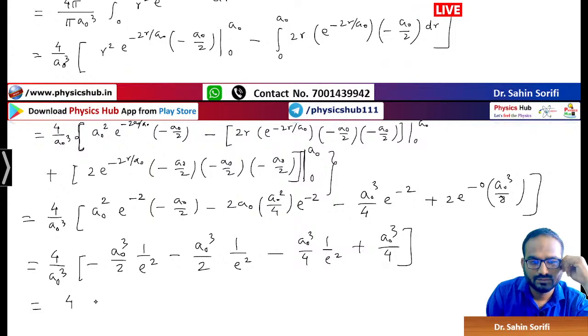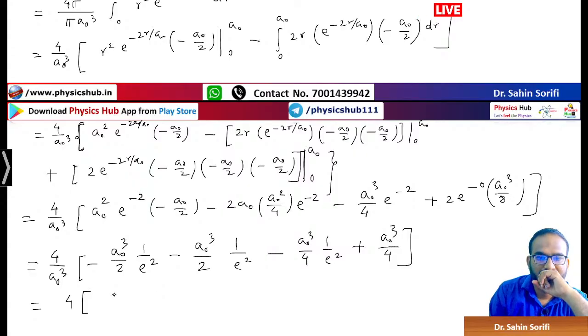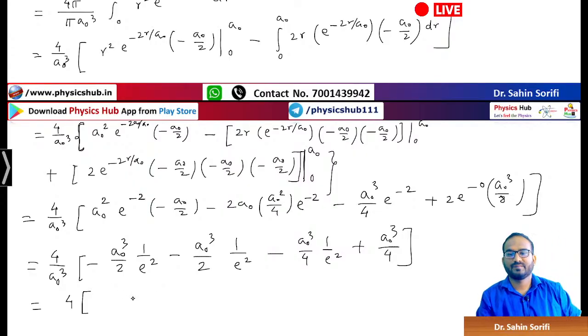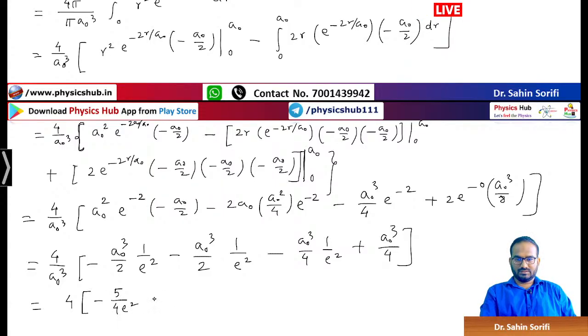So 4, a naught cube is cancelled, every a naught cube is cancelled. What are we left with? Minus 1 by e square, minus 1 by e square, minus 1 by e square, so minus 5 by 4 e square, plus 1 by 4.